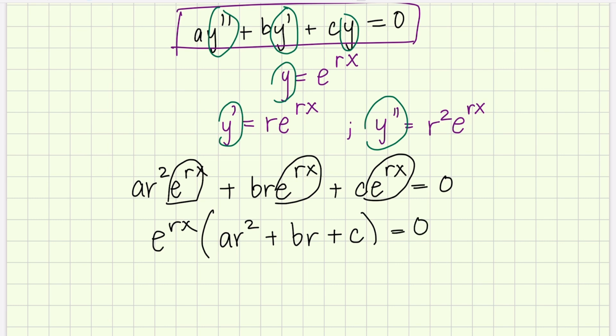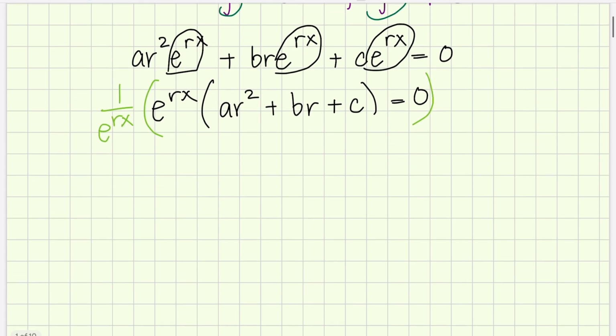Now e to the power anything never goes to 0. So I can divide this whole thing by e to the power rx. Then I'm left with ar squared plus br plus c equals 0.